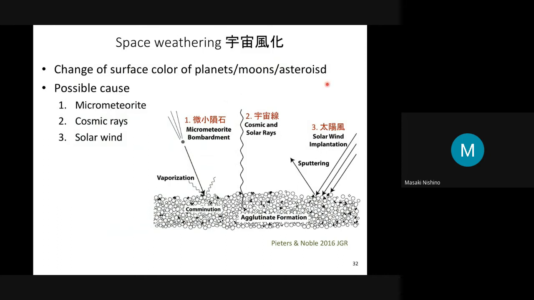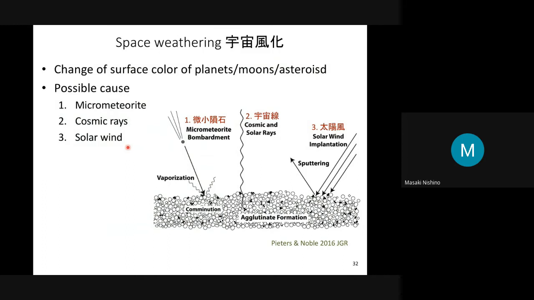Asteroids and airless bodies commonly show it. And the possible causes are micrometeorite impact bombardment, cosmic rays, and solar wind implantation.